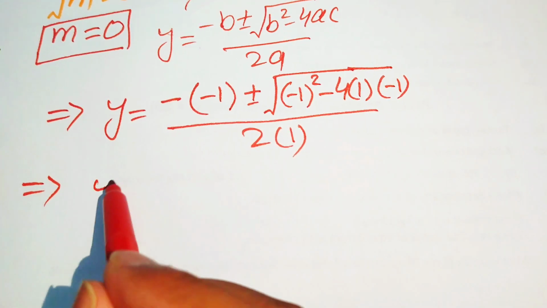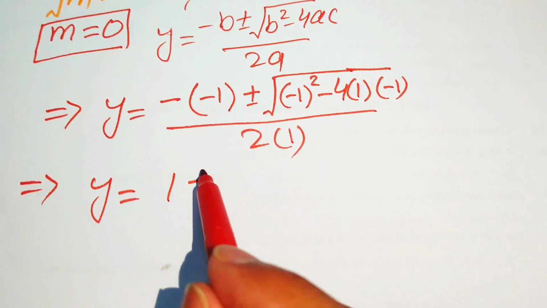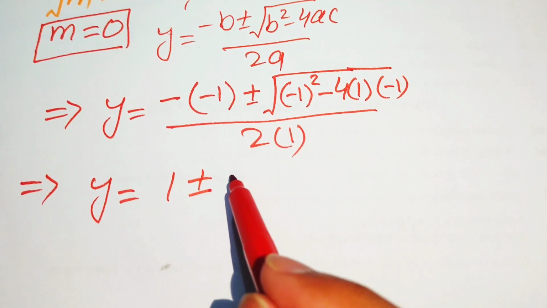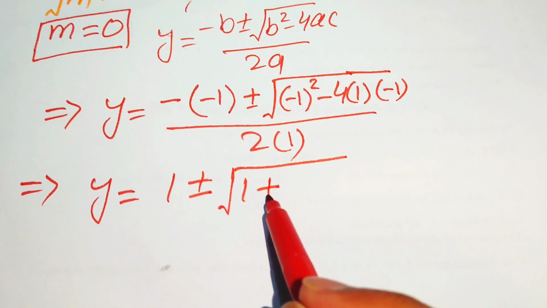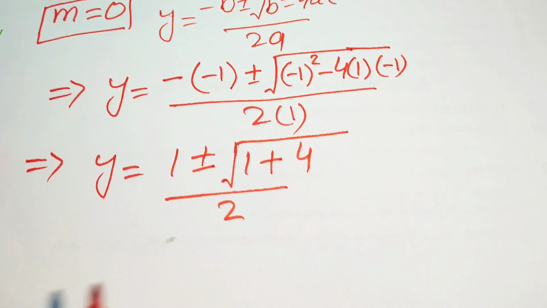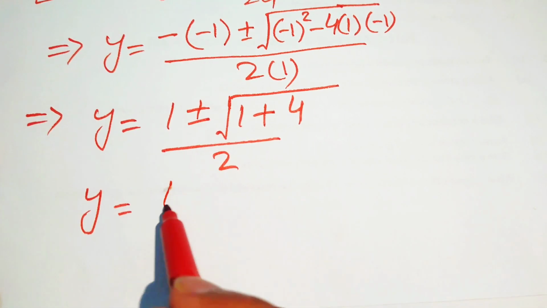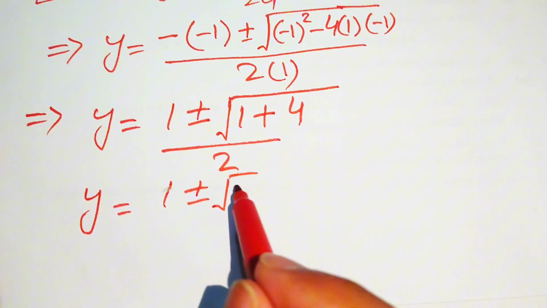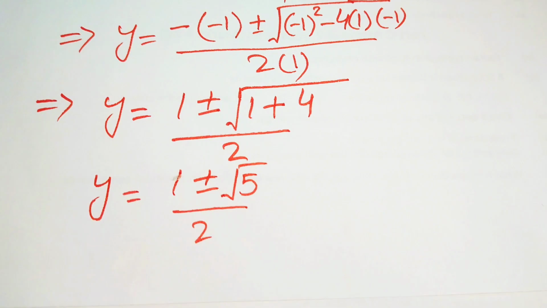This implies y equals minus times minus becomes plus 1, plus minus square root of 1 square which is again plus 1, and minus times minus becomes plus 4, and this whole divided by 2. In the next step we have y equals 1 plus minus square root of 5, divided by 2.